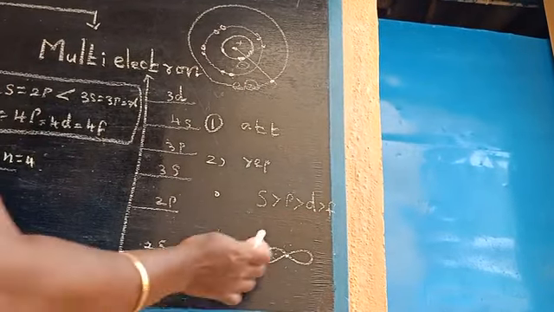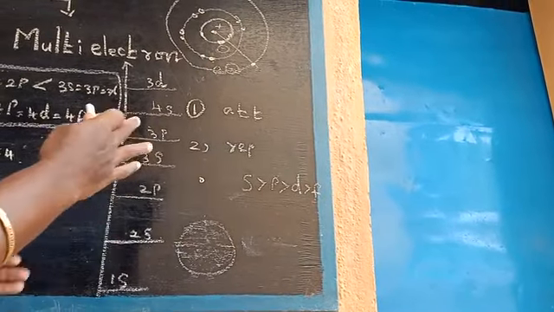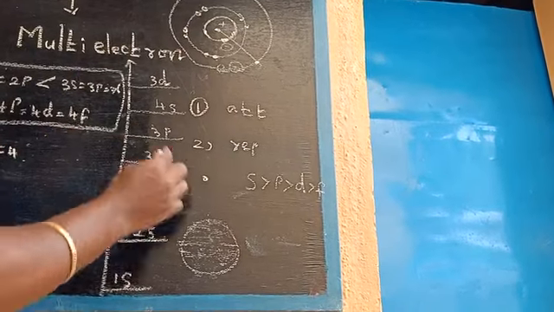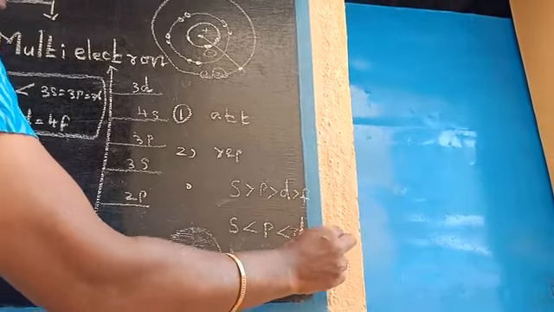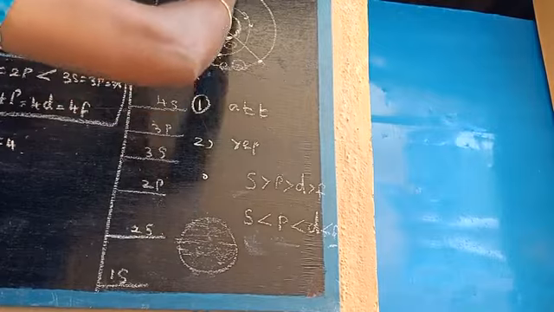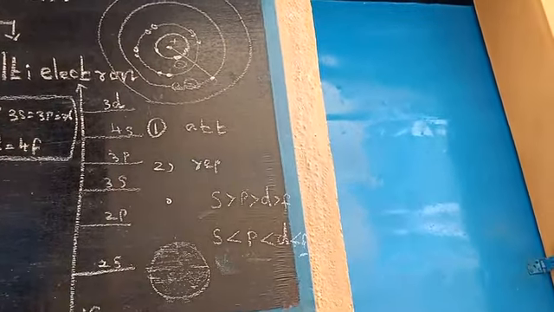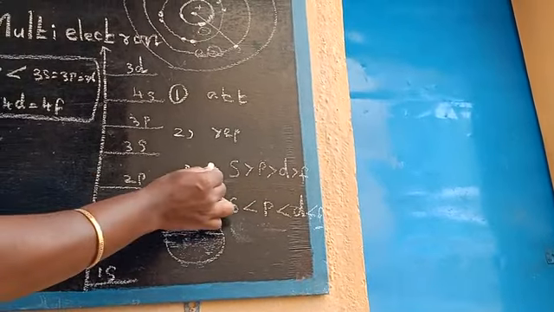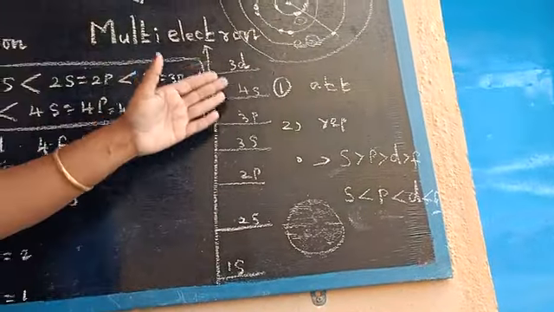Based on shielding, the s orbital is more shielded since it is closer to the nucleus. In energy level, s, p, d and f, so the f orbital has the highest energy level because it is present in the fourth shell. The energy level increases. This is denoted as shielding. I hope children you can understand.